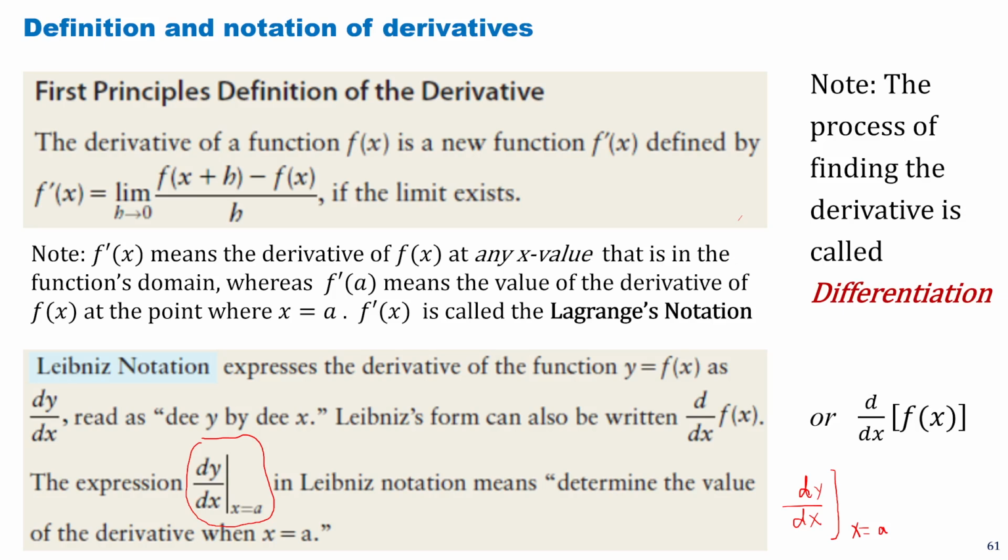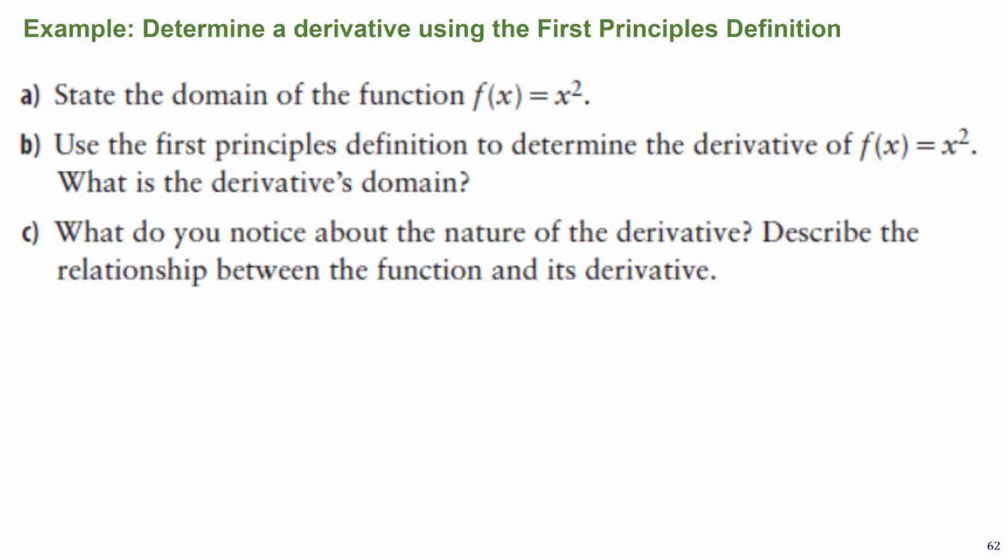And also note that the process of finding the derivative is called differentiation. When this limit is simplified by letting h approach 0, the resulting expression is expressed in terms of x. We can use this expression to determine the derivative of the function at any x value that is in the function's domain. So we'll use an example to illustrate the concept here.